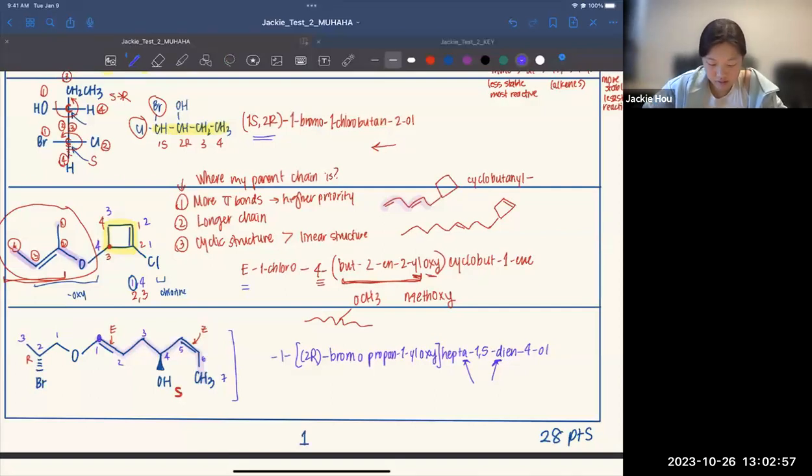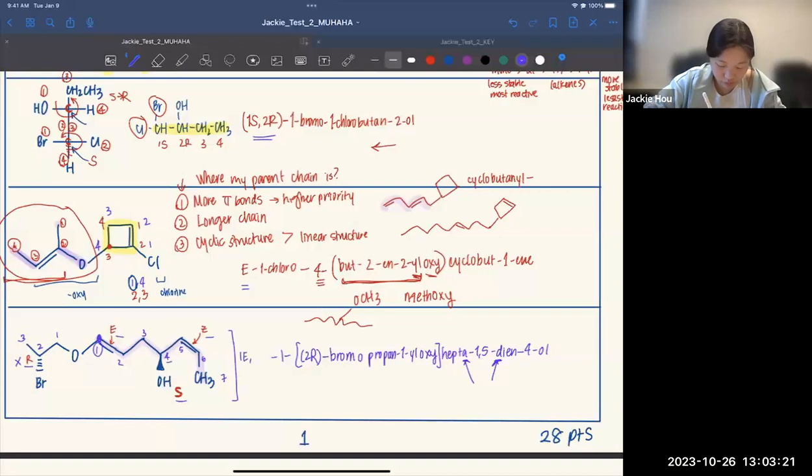And lastly, when we're finished with all of our stereo centers, we don't need to worry about this one anymore because it was part of our branch. Now we just go in the order of the stereochemistries of each of the locations. This one I have a 1E.